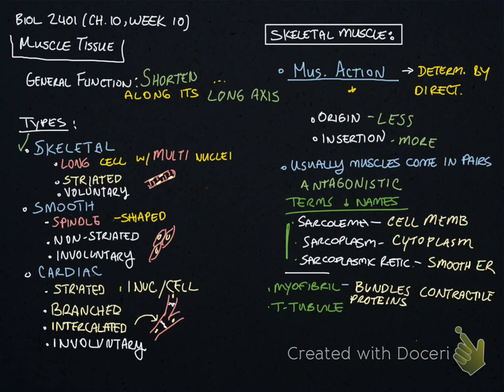If you wanted to compare it to something in a typical cell, it would be sort of like the cytoskeleton of a cell. The other term is a T-tubule, and it's sort of like a funnel down into the cell that helps to carry or distribute charge into the muscle cell. Okay.